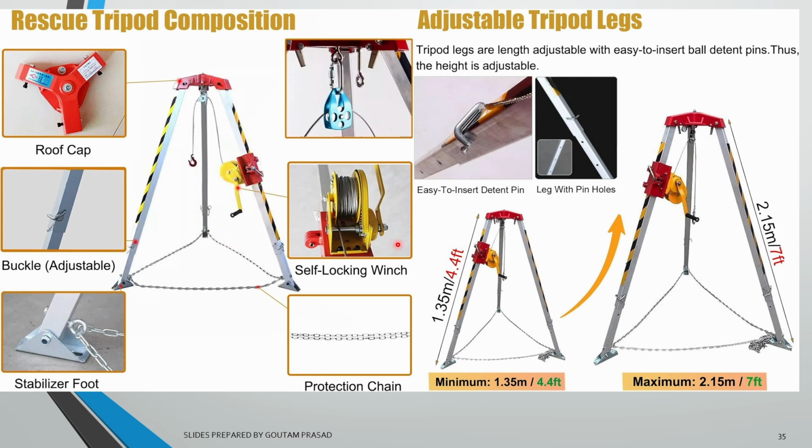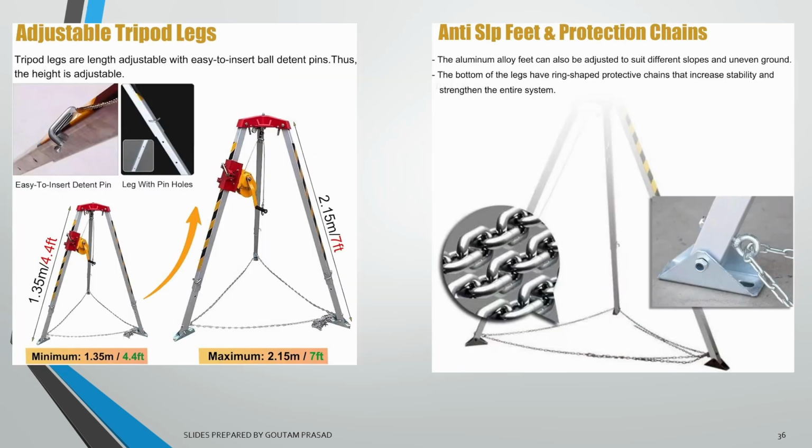So it will prevent any kind of free lowering. So these tripod legs are length adjustable with easy to insert ball detent pins, and thus the height is also adjustable. So the height of this tripod can be adjusted according to requirement.